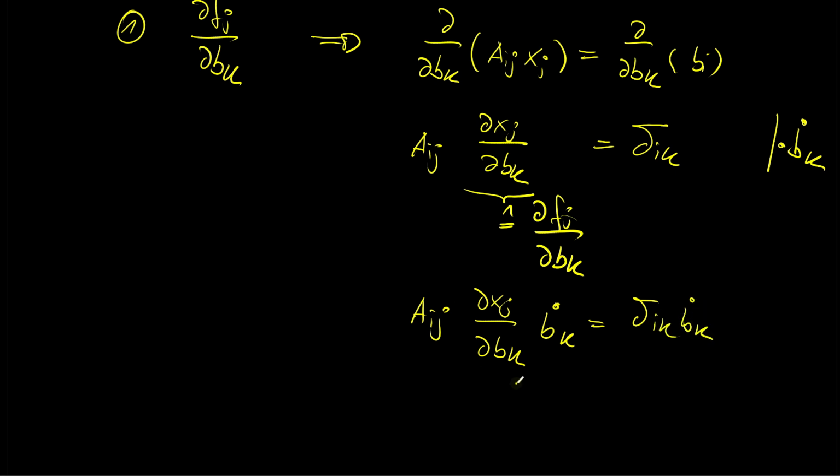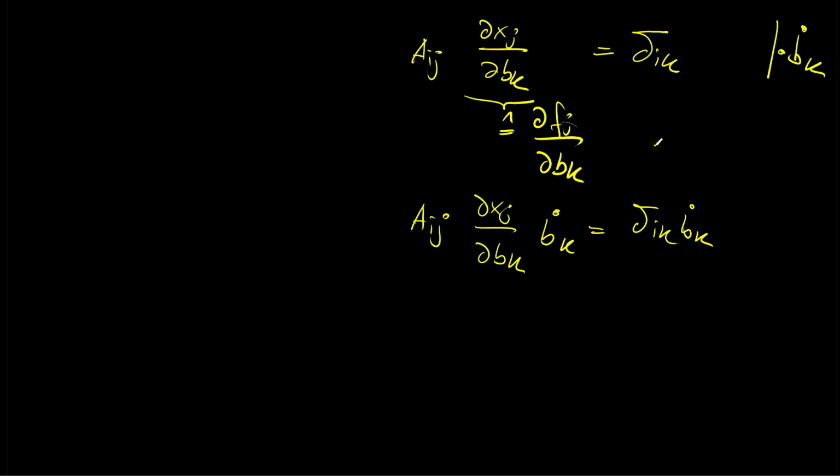Then let's identify this one here as essentially the contribution we wanted. So this one is our xj dot contribution from b. And on the right hand side, we can apply an index change. That's what our Kronecker delta induces. So we can change the index from k to i. So we will have aij with, not bk, but bi.